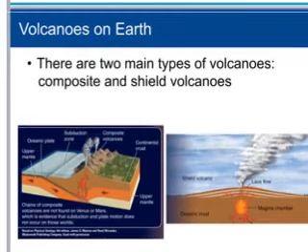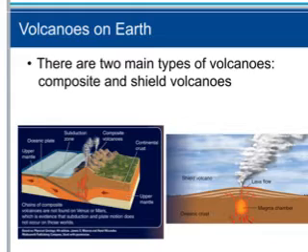So on Earth, there's two types of volcanoes: composite and shield volcanoes. And chains of composite volcanoes are actually not found on Venus or on Mars. And that's evidence that subduction and plate motion does not occur on those worlds.